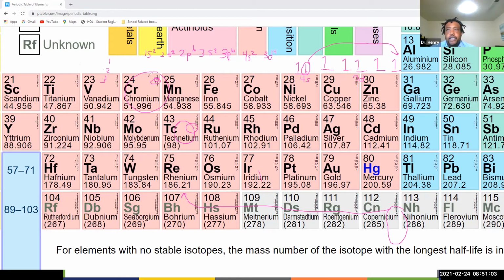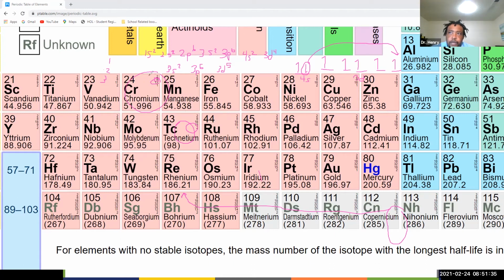So that's for the third energy level: 3s would be 2, 3p would be 6, and then 3d would be whatever's left. So that's 13 minus 8, which should be 5, right? So I did my math right.